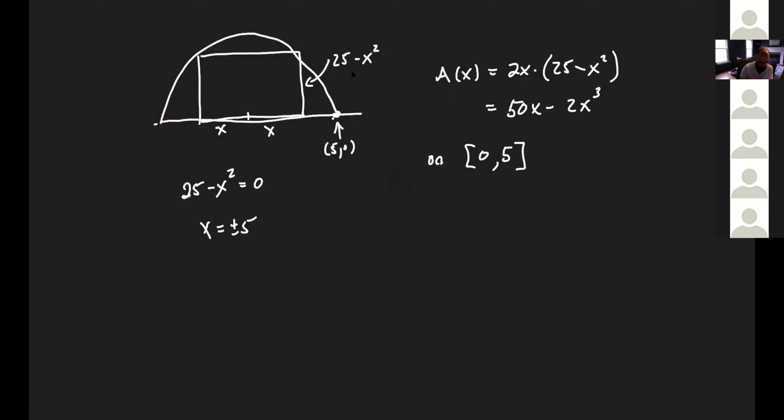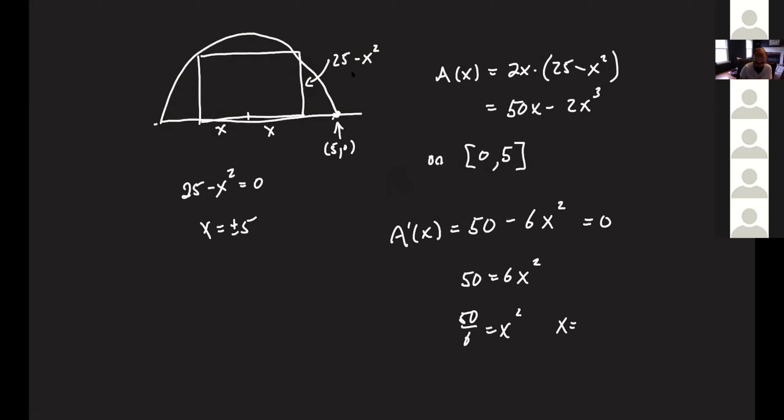Okay, so continuing on, we take our derivative. We're going to check our critical points and our endpoints. Our derivative here is 50 minus 6x squared. I want to know, when is this equal to 0? Again, it's a polynomial, so it doesn't have any points where it's undefined. Moving through this quickly, we get 50 is 6x squared, so 50 over 6 equals x squared.